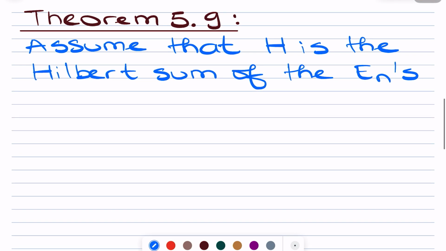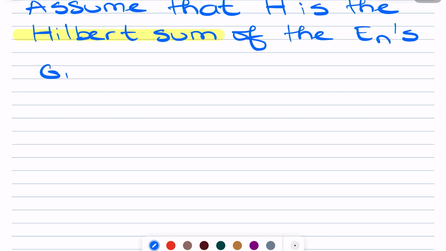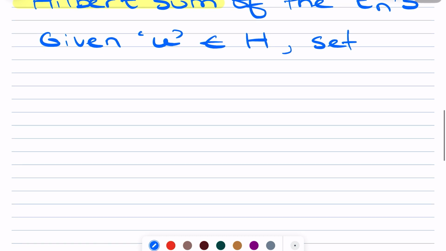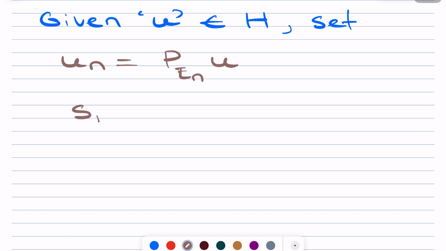So we just highlight Hilbert sum. Now, given a point u in H, define un to be the projection of u onto En, and Sn is nothing else than the summation over k moving from 1 to n of uk.